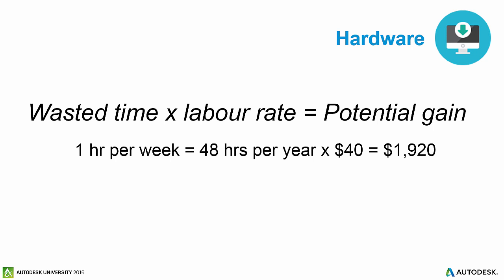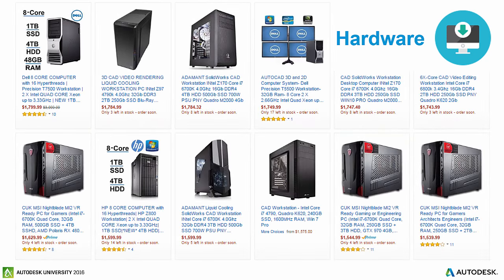If your labour rate's $40, that's $1,920 you could potentially save if your hardware supported you better. So that's okay, isn't it? And you can get a pretty good computer for that amount of money. I just did a quick filter here on Amazon for that sort of price range. This is all really good kit. You don't need to spend that much in order to get a return on your investment.